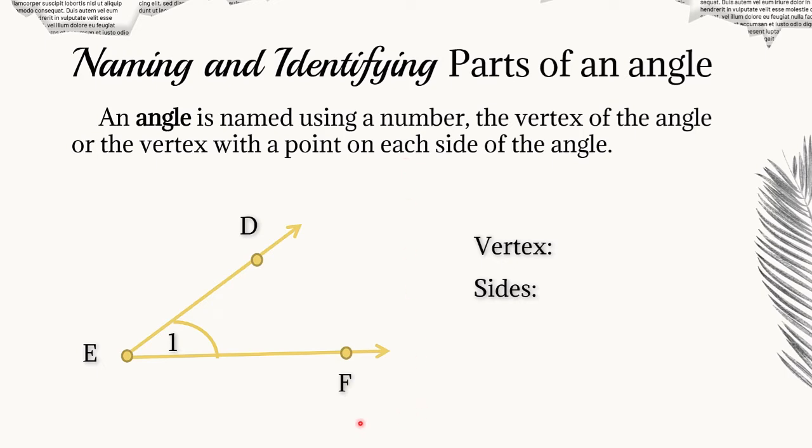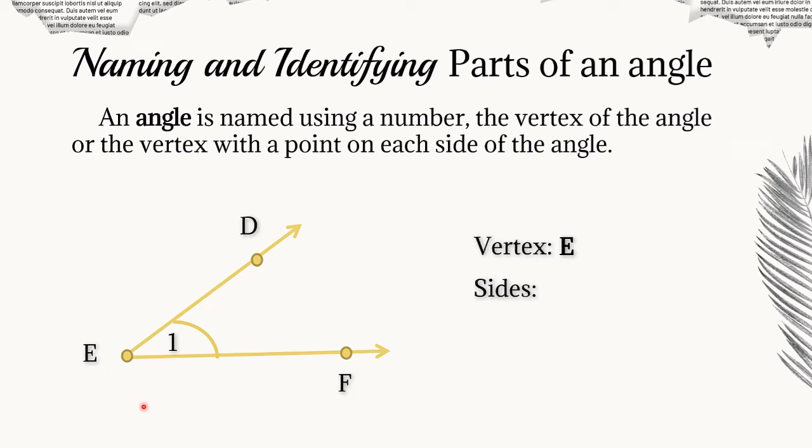So, I have here a figure, and it has 3 points, point D, E, and F. Meron din tayong number dito, which is 1. Identify muna natin yung vertex. Since we have here two rays, ray ED and ray EF, at nagkaroon sila ng intersection, and it creates point E. So, our vertex is E.